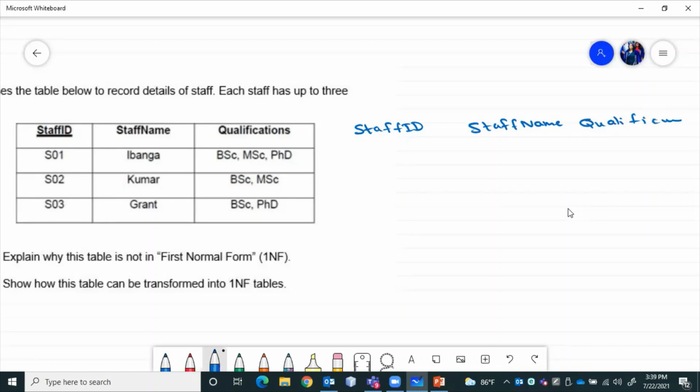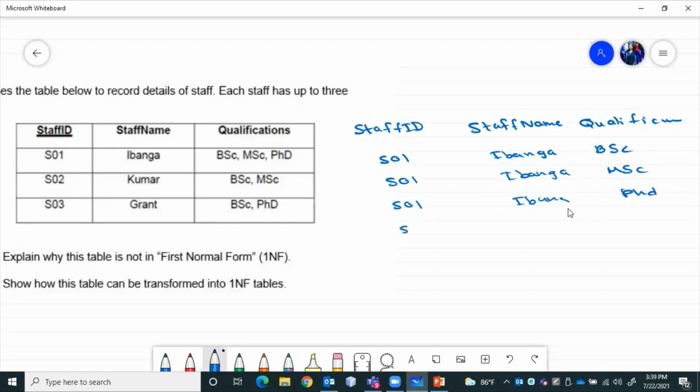So if we take S01, Ibanga, and BSc. And then S01 again, because here we have another qualification under this particular S01, MSc. And S01 again, we need to write it, and PhD.